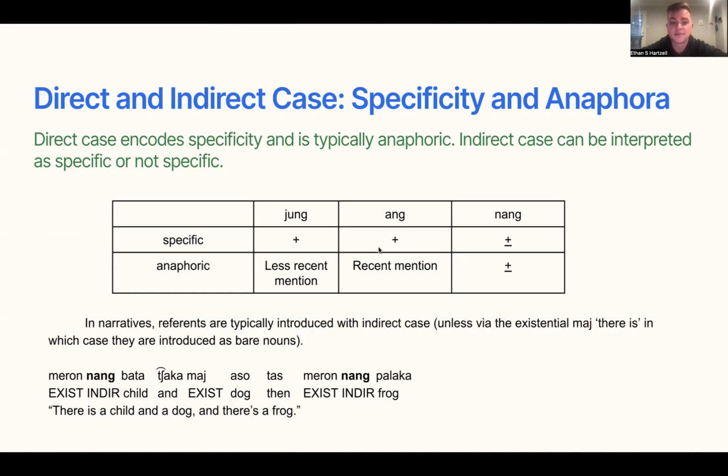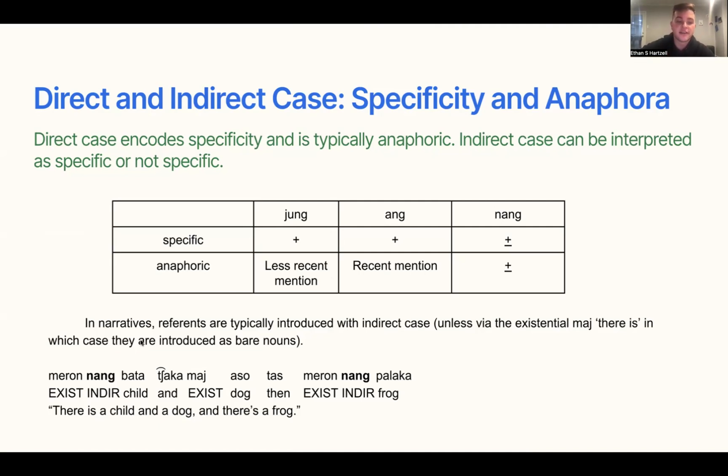Basically, ang is always interpreted as specific, as is yung. And nung can be either specific or not specific. And in terms of anaphora, ang is usually how something is referred to after it's just been mentioned. So not on its first mention, but on its second mention. Whereas yung seems like it can be used to recall something that's become distant in the discourse. And I'll show some examples of that when we get there.